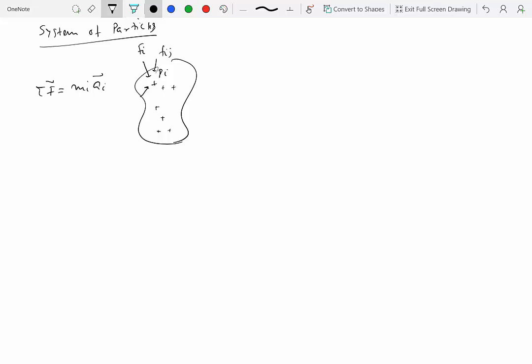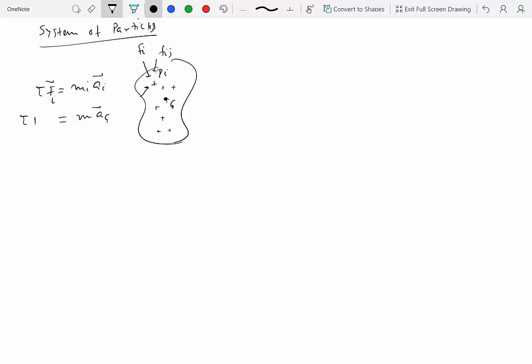They were equal in magnitude but opposite in direction, so they cancel out. So when you wrote Newton's second law for each individual particle and added them together, you only had external forces on the left hand side. And we also saw that this could be written as the total mass times the acceleration of the center of mass, so sigma Fi was also equal to m times aG.